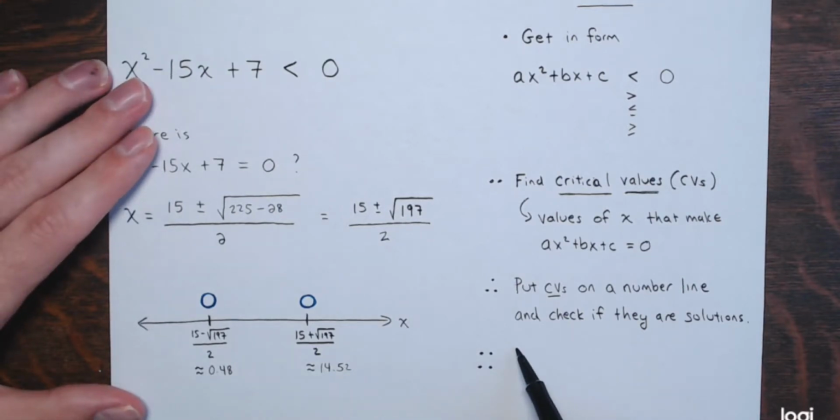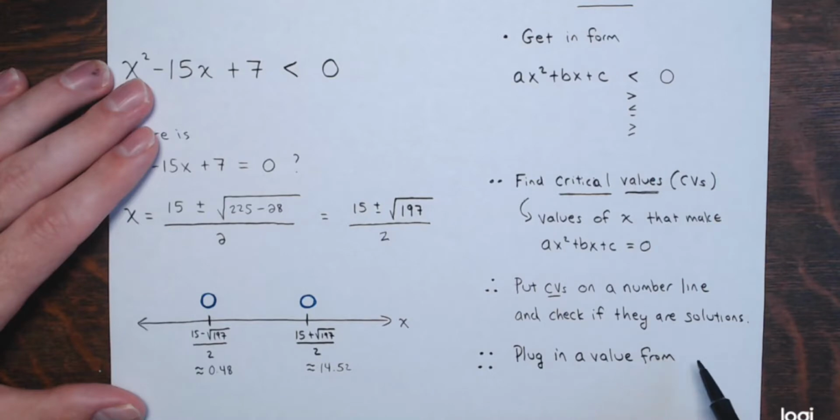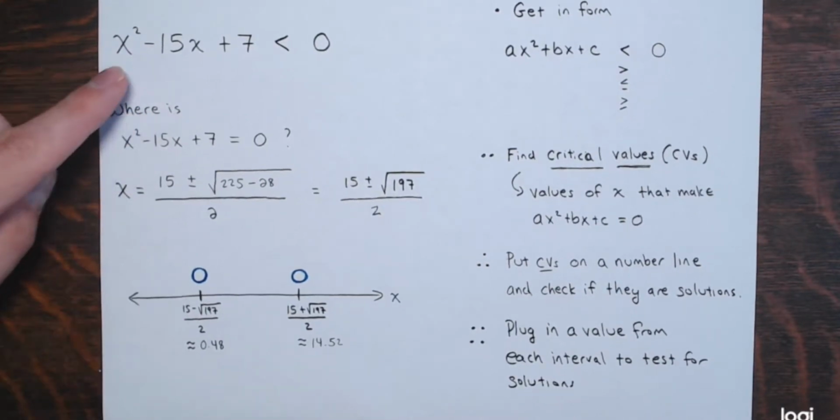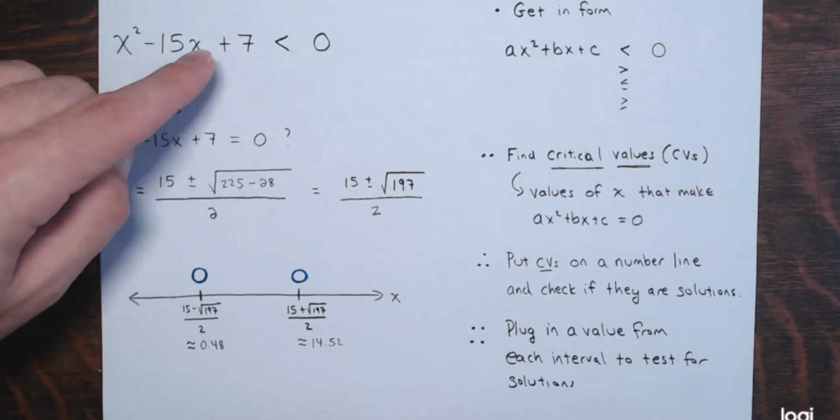So now I'm going to plug in a value from each interval and test for solutions, right? Just like with rational inequalities. Alright, so again, this is the inequality I'm looking at: x squared minus 15x plus 7 is less than 0.